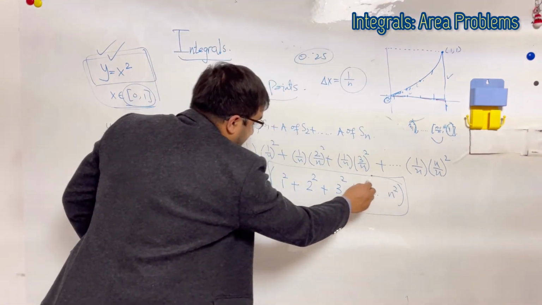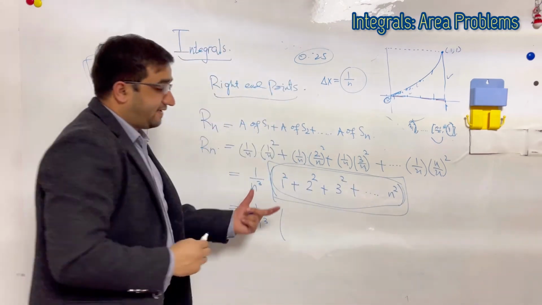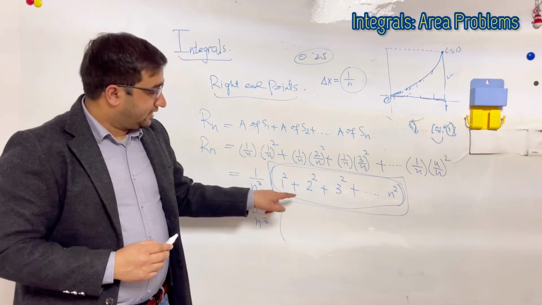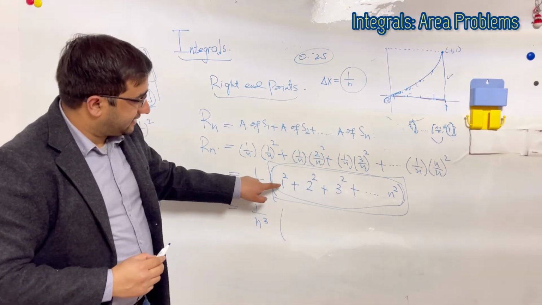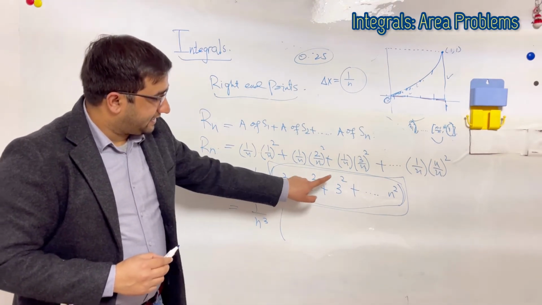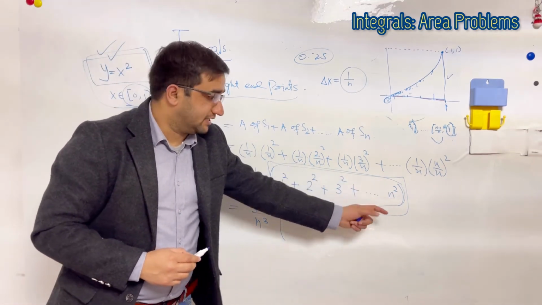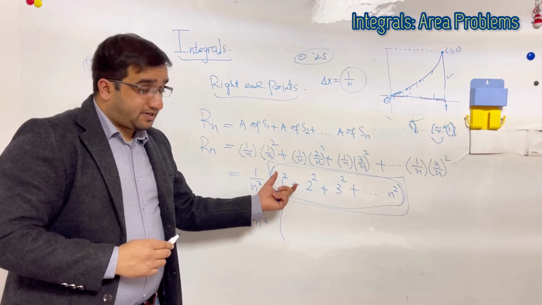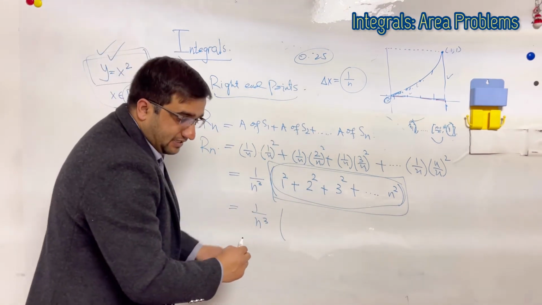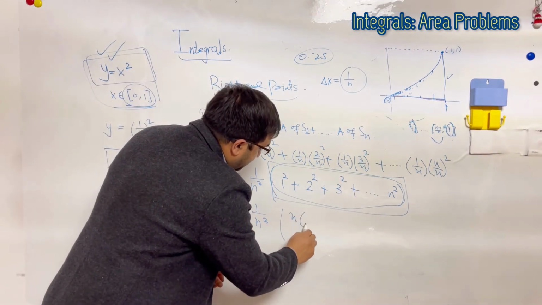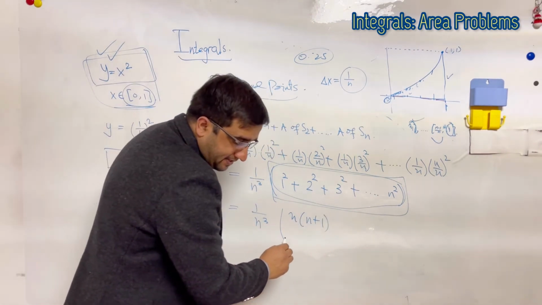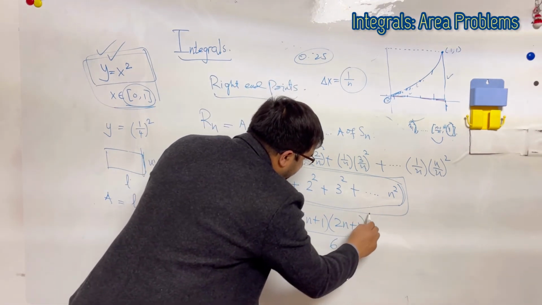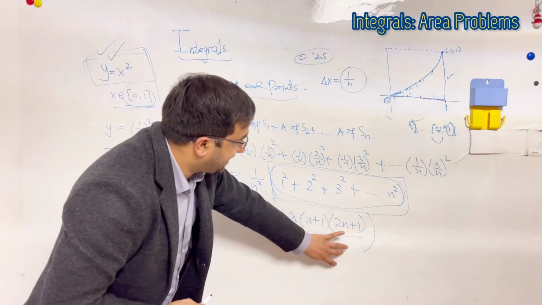The theorem says that these are the squares of first n integers: square of first integer, square of second integer, square of third integer, square of nth integer. So the sum of squares of first n integers is generally written as n into n plus 1 into 2n plus 1 divided by 6. This is a generalized formula for this.